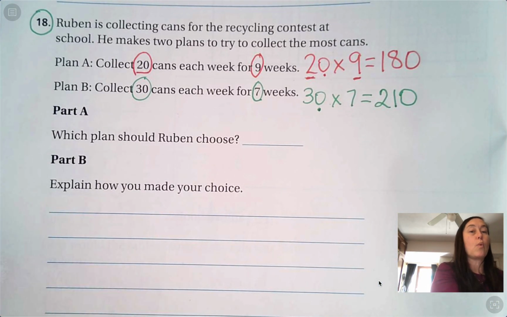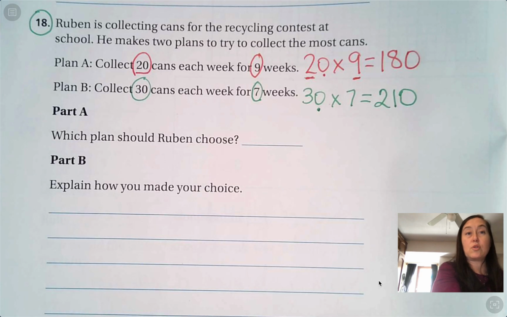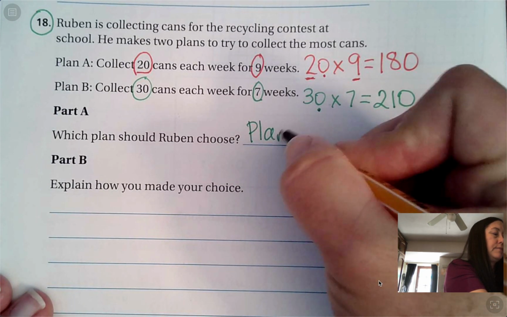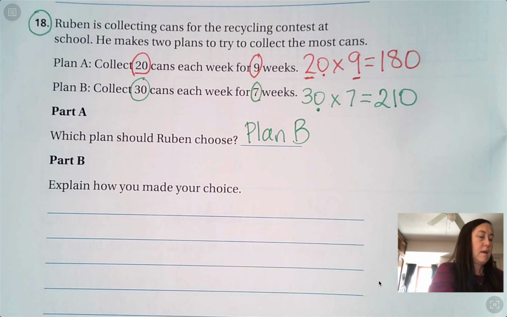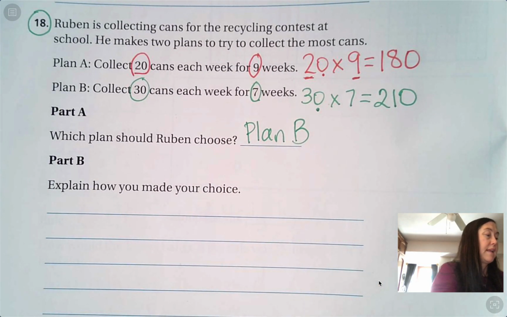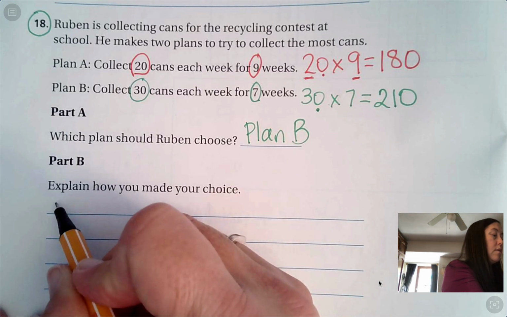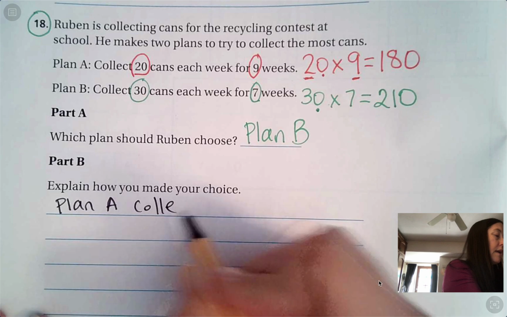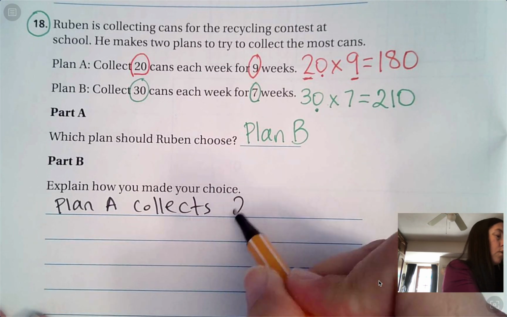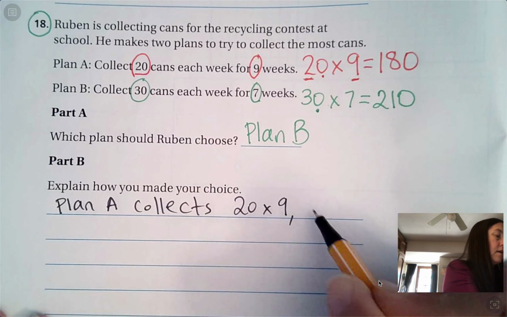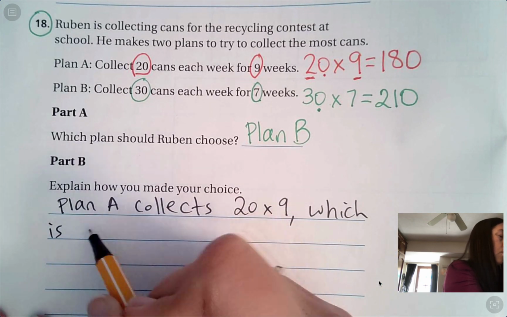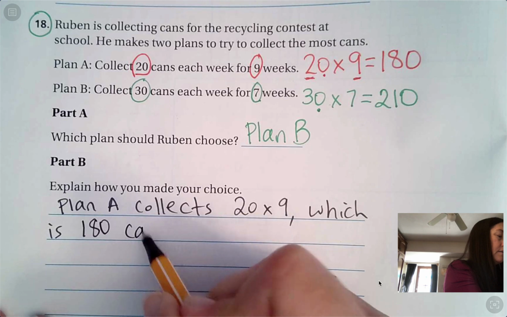All right, so which plan should he choose if he wants to try to collect the most? He should choose Plan B. How do we know? Explain how we made our choice. Well, Plan A collects 20 times 9, which is 180 cans.